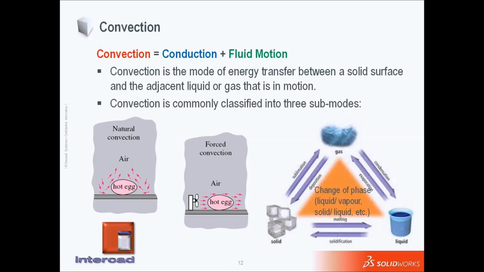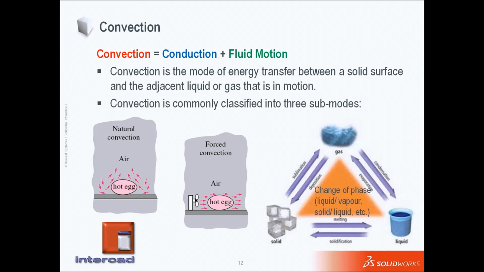All right, let's move to the next mechanism of heat transfer, which we call convection. Convection is the mode of energy transfer between a solid surface and an adjacent liquid or gas that is in motion. So we're talking about the interaction of solid and fluid.